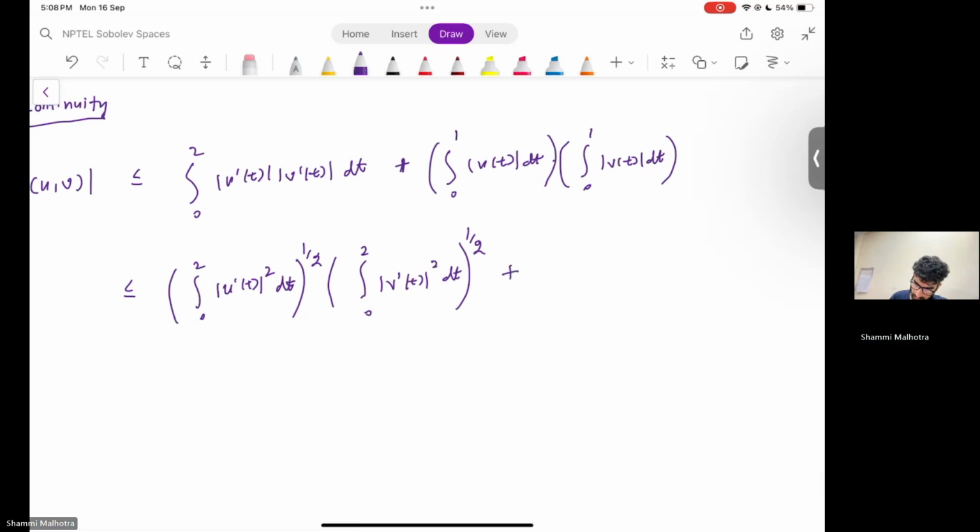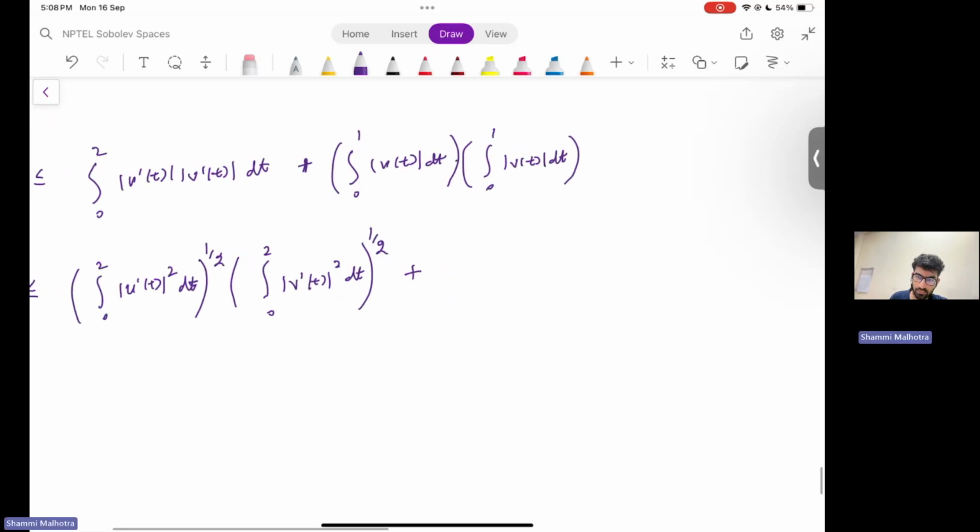plus, here we can use again the Cauchy-Schwarz. This is a positive integral, so this whole can be written as the integral from 0 to 1 of mod u(t) square dt, whole power half, and then there will be an integration with respect to 1, but that is 1 only, so I am not writing that.